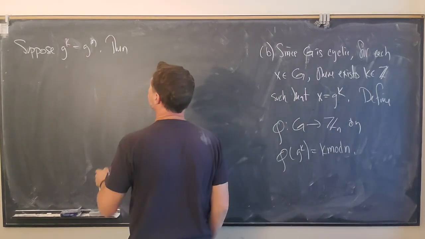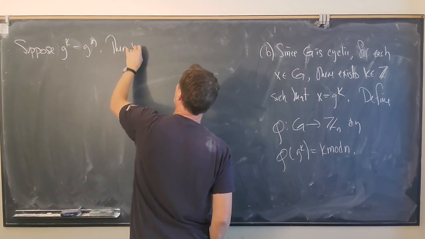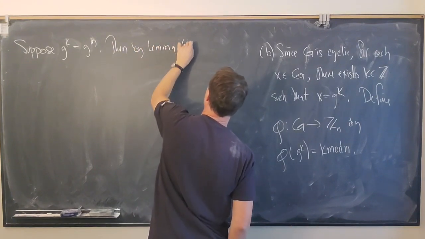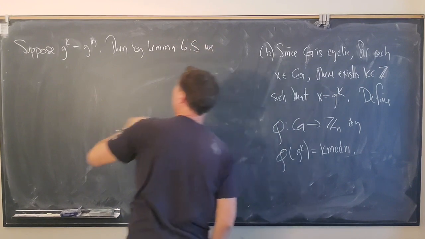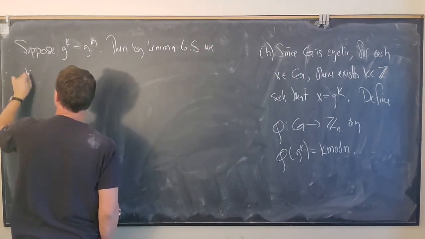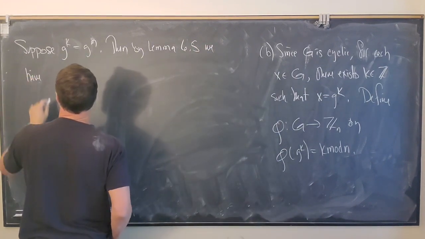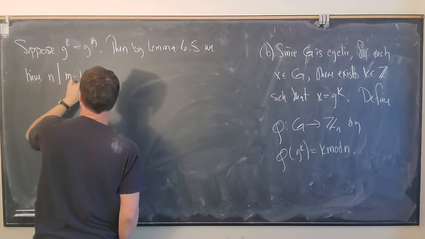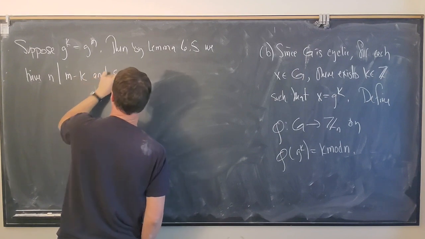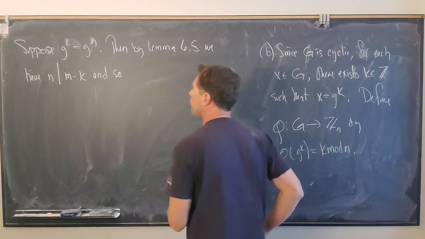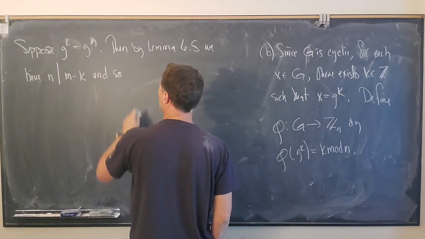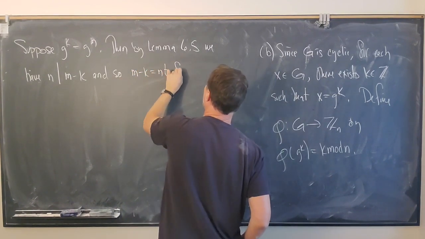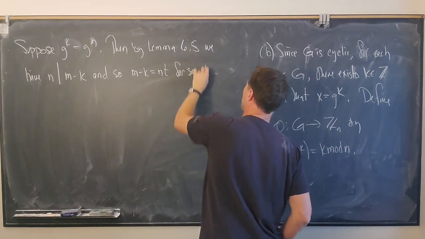By lemma 6.5, we have that n divides the difference, m minus k. And so m minus k is equal to n times t for some integer t.